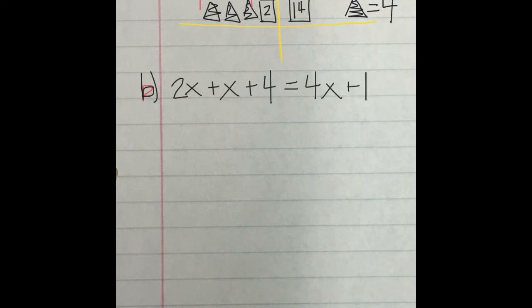I'm going to make my scale. I'm going to make sure that I use my equal sign as that dividing line. And I've got quite a bit to translate here. I've got 2 x's here, which mean 2 triangles. 1, 2. Then I've got just 1 x alone in the middle.